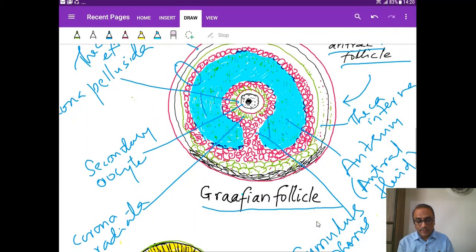Remember that the wall of the Graafian follicle is also working as an endocrine gland. It produces another female sex hormone called estrogen, which is needed for maintenance of secondary sexual characters in the female. What are the secondary sexual characters in the female?